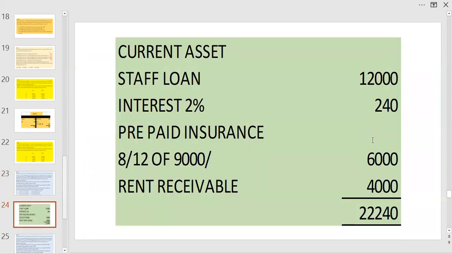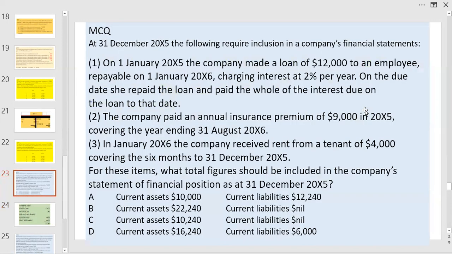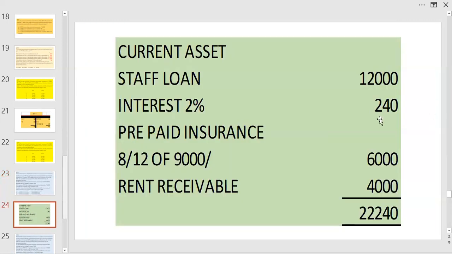Therefore, on 31st December, that will remain outstanding, a receivable, a current asset. There is a 2% interest, which is 240, which is paid along with the loan. Therefore, it is outstanding on 31st December, a receivable, therefore a current asset.